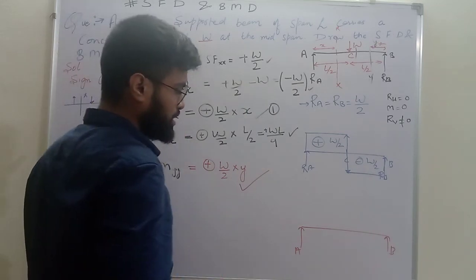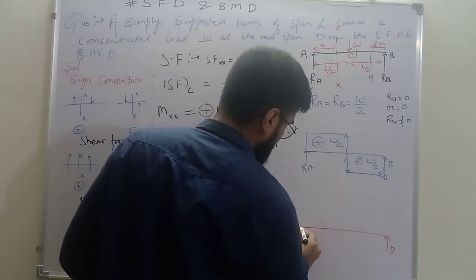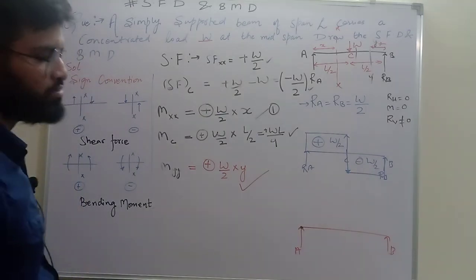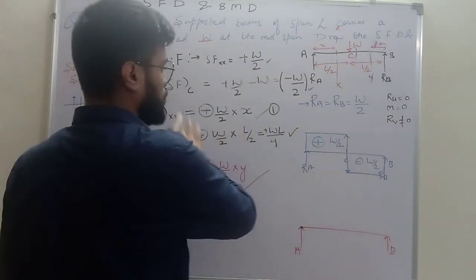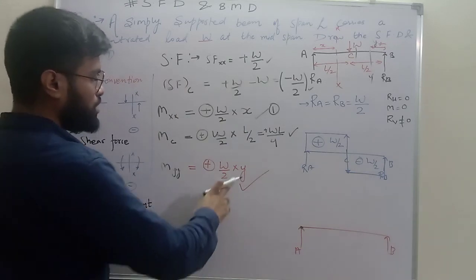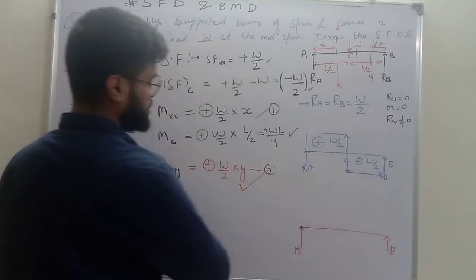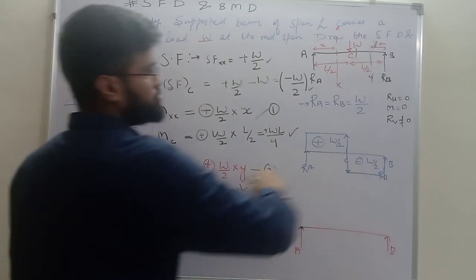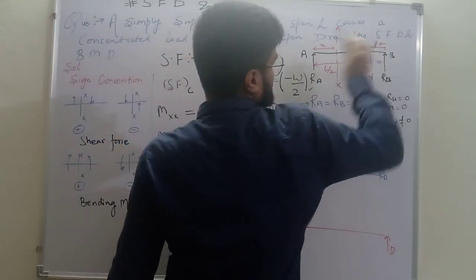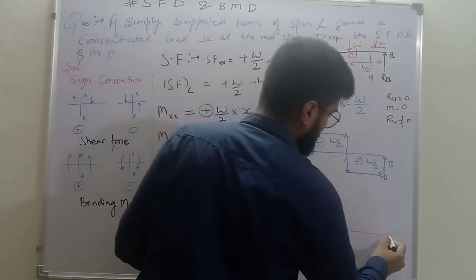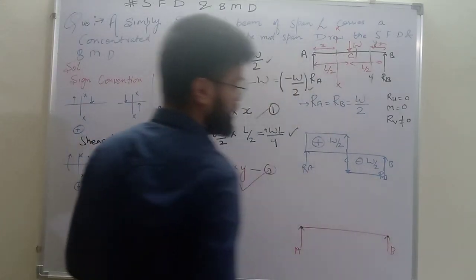It means that the moment will be 0 at point C. It will start from here. The x coordinate will be 0 and y will also be 0. If x is 0, y is also 0, moment is 0. Now use the third equation: y is equal to 0 means now the section is at point B. y equal to 0 means moment is equal to 0. Moment will be 0, so both the x coordinate and y coordinate are 0.